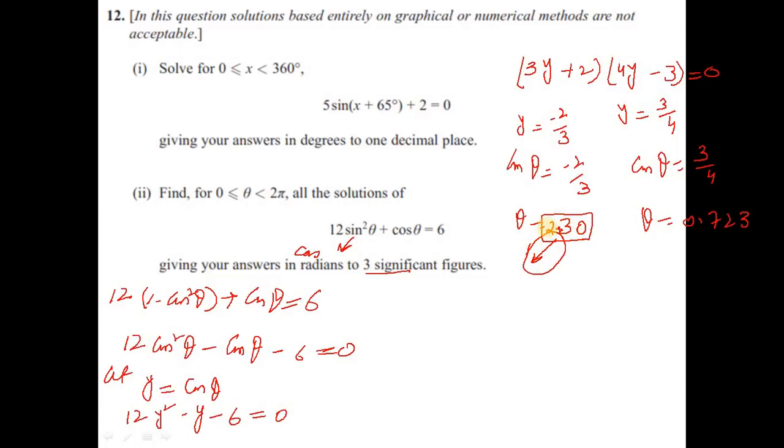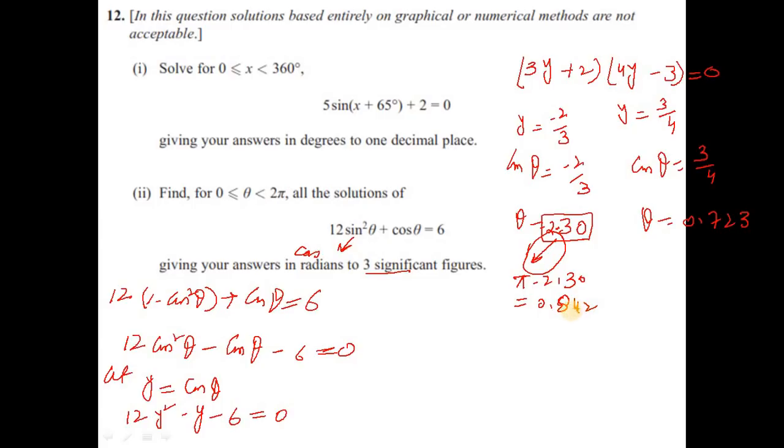There are some other methods, but it's easy for me. If your obtained angle is greater than 90 degrees or greater than pi by 2, you subtract the obtained angle from 180 or pi. That means pi minus 2.3, so your answer will be 0.842.